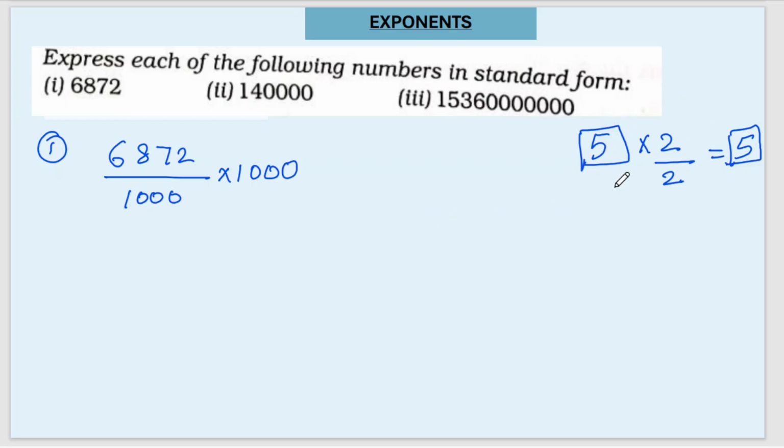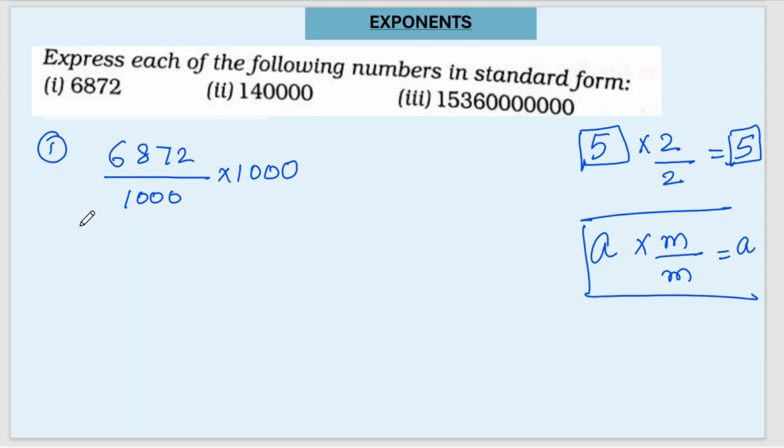That means if you multiply a number with another number and divide it by the same number, you will get the same result. In short, suppose I have a number A, if I multiply it by M and divide it by M, I will get A.